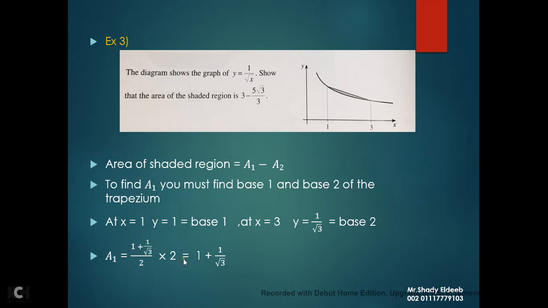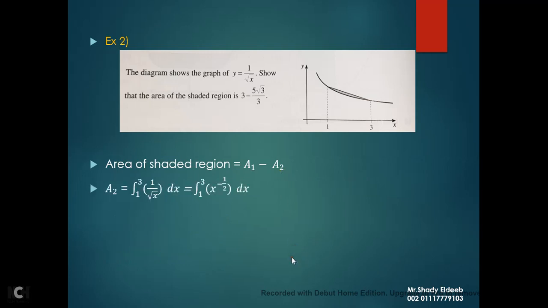So we will write it like that, and the final answer here is 1 plus 1 over root 3. Note that this is not the final answer. It's only area 1, which is the area of the trapezoid. We must now find area 2.